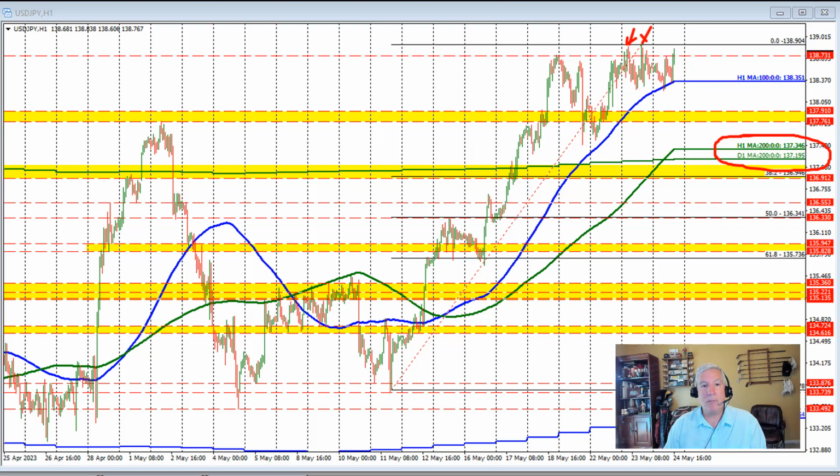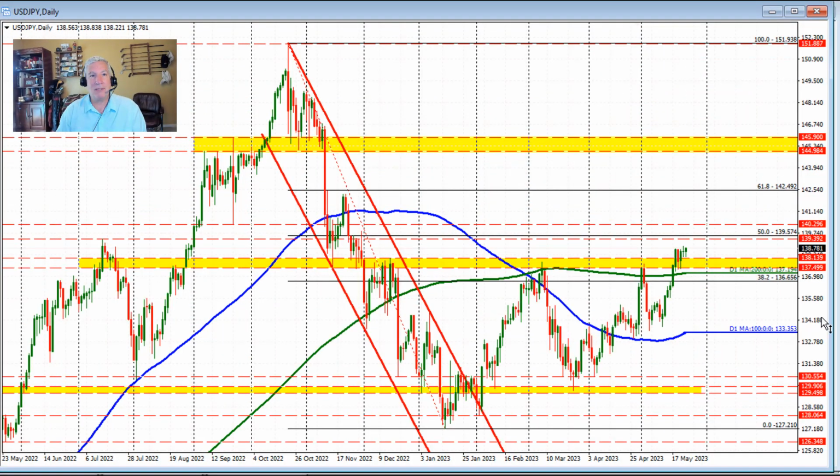In trading here today, we did try to hold resistance against that old high here ahead of the highs from yesterday, but have been able to move above that level in the current hourly bar. So the buyers are making a play, and they need to get above the 138.90 level to increase the bullish bias. Let's take a look at the daily chart to see where that would take us.